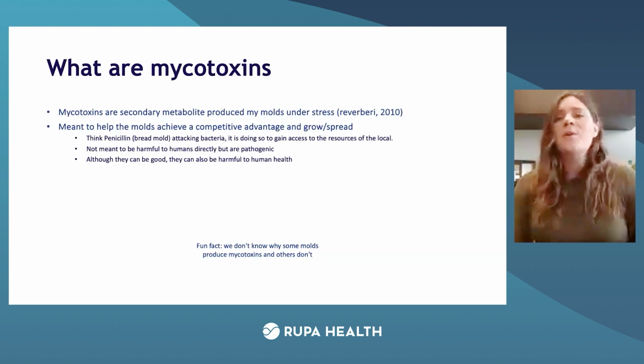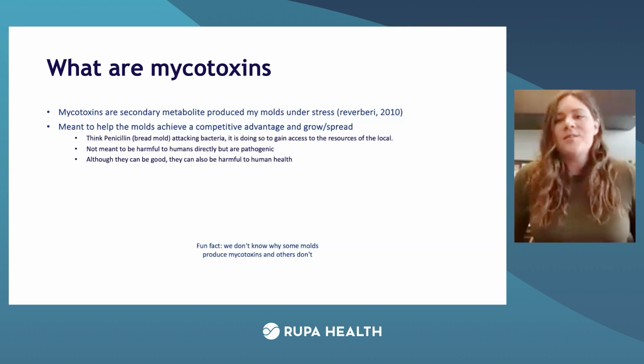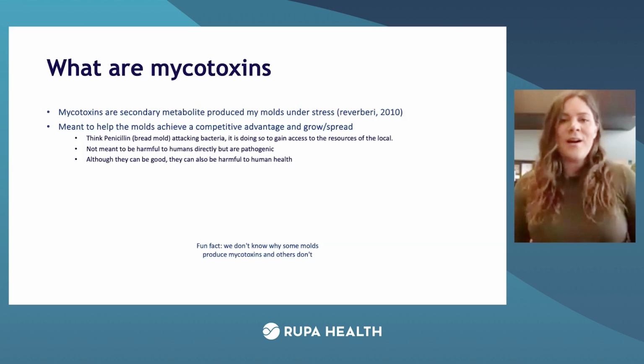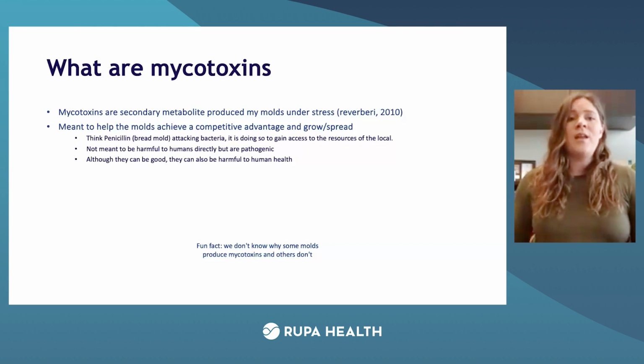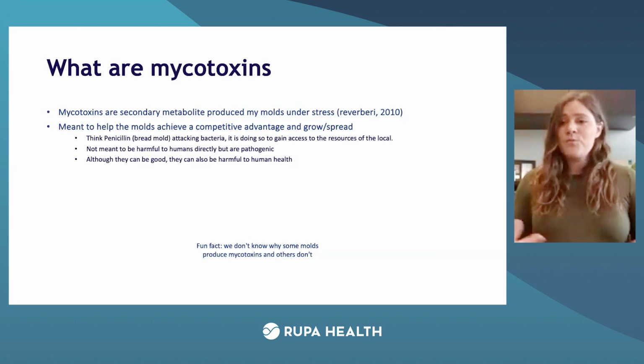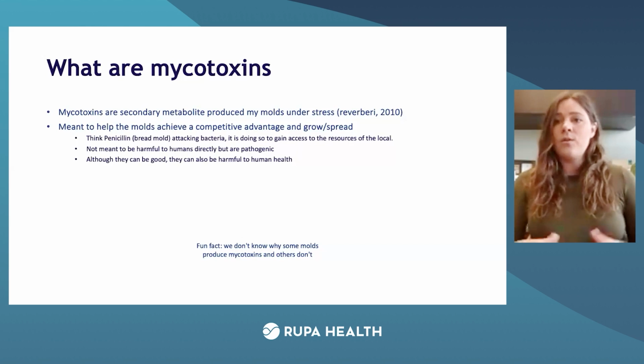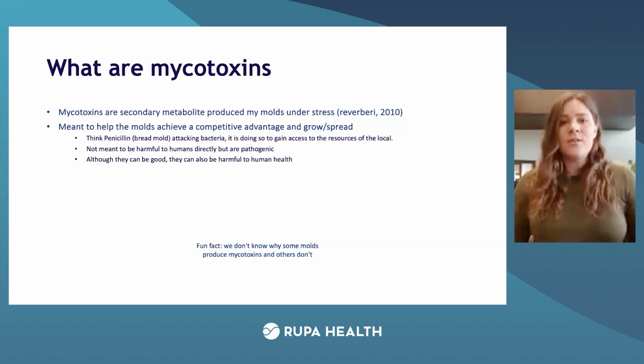For instance, everybody loves the example of penicillin, so I'm going to use that one too. Penicillin, our first antibiotic, is made by Penicillium, the mold. It's a really neat one because it basically blocks bacteria from invading that mold space, so the mold basically has priority on all the resources in that space. That's a very obvious example where a secondary metabolite made by a mold confers a survival advantage.